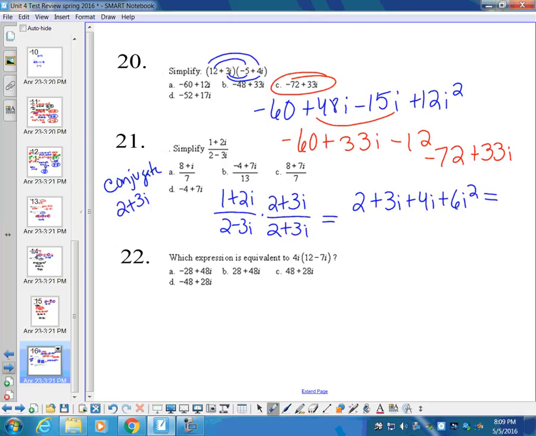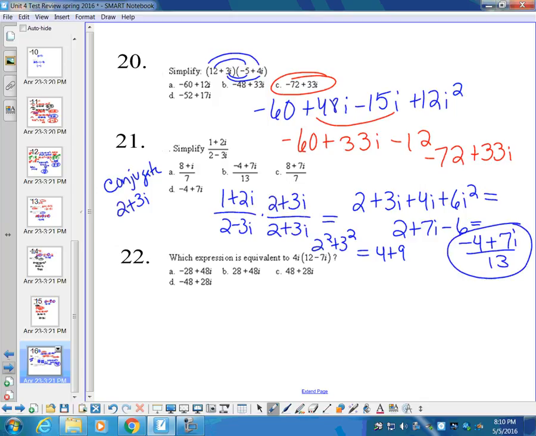So the top looks like this, 2 plus 7i minus 6. So negative 4 plus 7i is what's on top. And the bottom's going to be 2 squared plus 3 squared, which is 4 plus 9, or 13. Okay, so negative 4 plus 7i over 13.